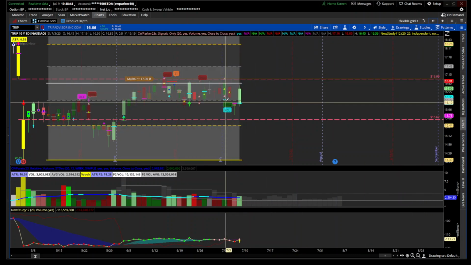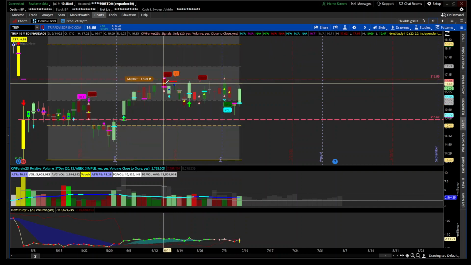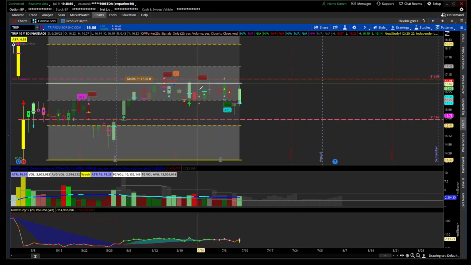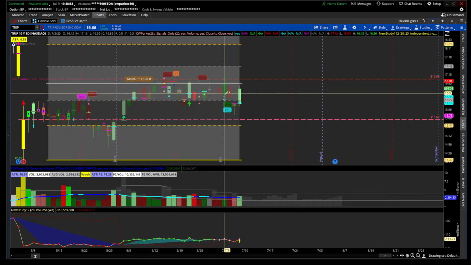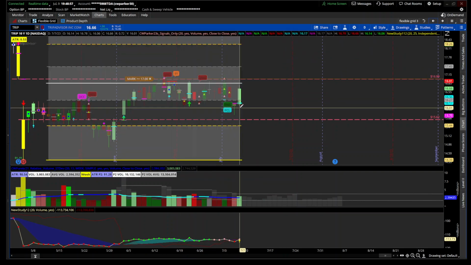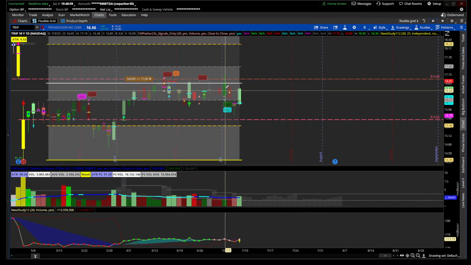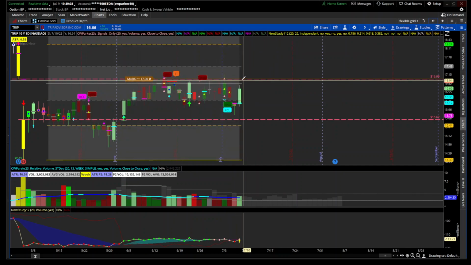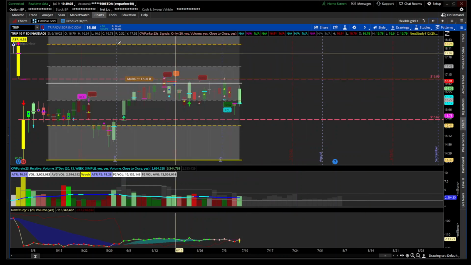So I'm looking, and you got tweezer tops, and it knocked it back down. Bearish engulfing, bearish engulfing. You have your bullish engulfing and a piercing line right here, but it still wasn't able to break above. So we'll see if it breaks above 17.